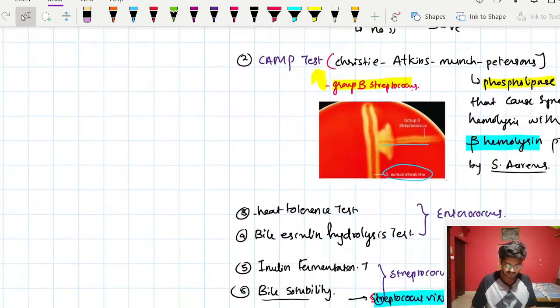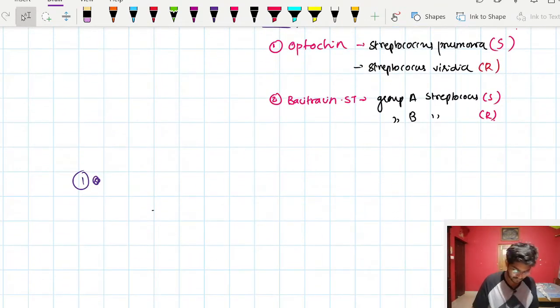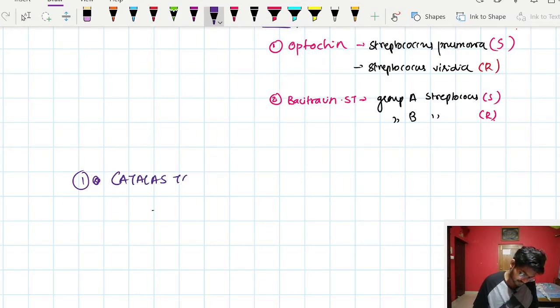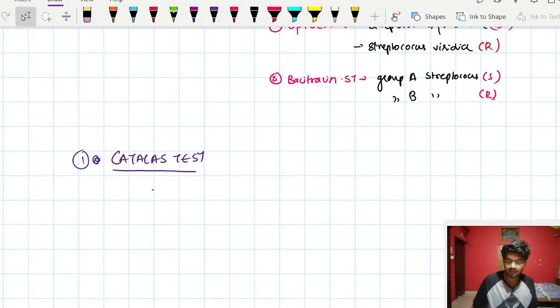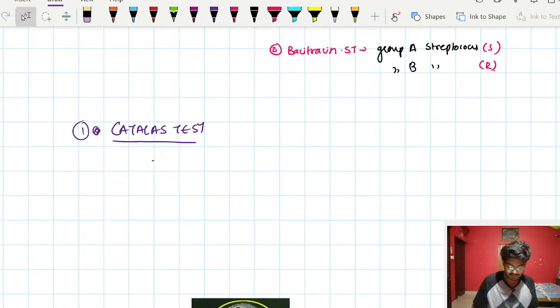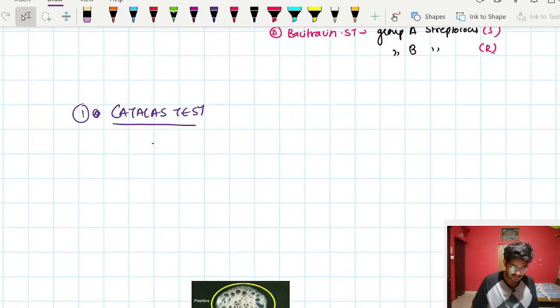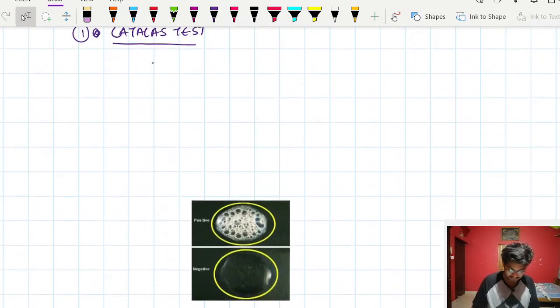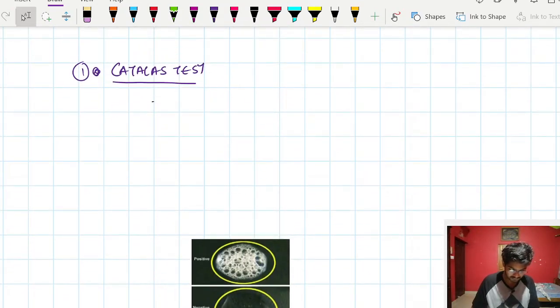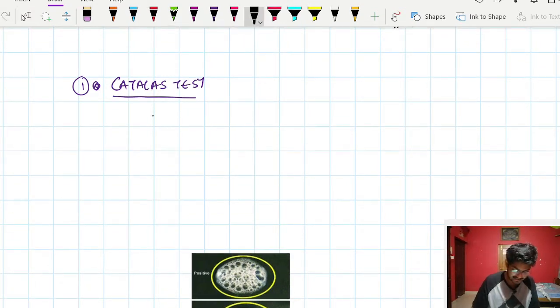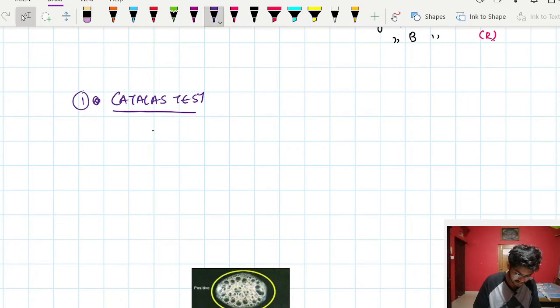So the first one is the catalase test. Catalase can be positive in gram positive and also in gram negative bacteria. Okay, catalase and oxidase tests. So what happens in the catalase test is that we detect the presence of the enzyme catalase.